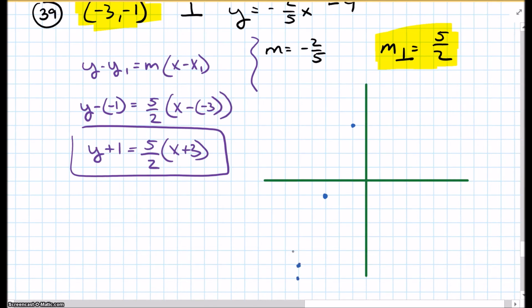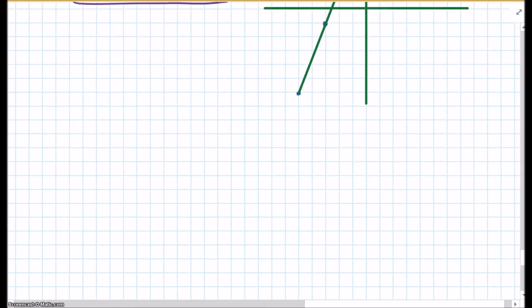Should be right here, sorry. All right, let's draw a line. There you go. Positive slope. Looks good.